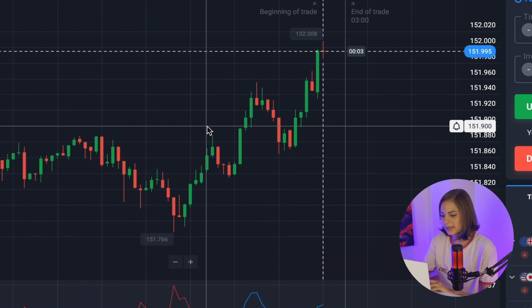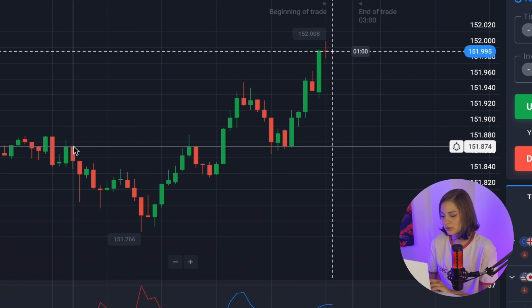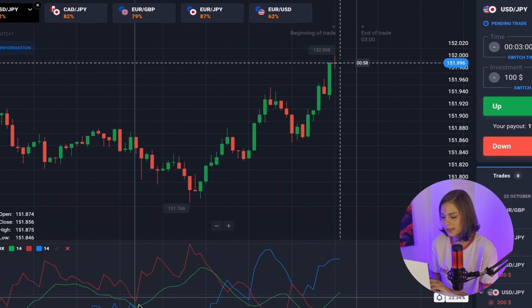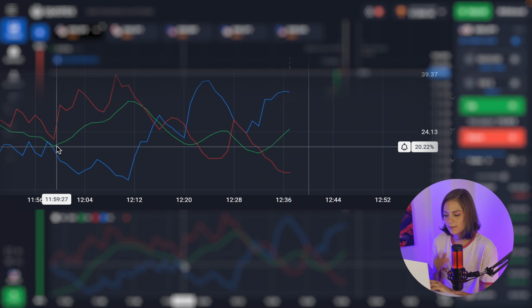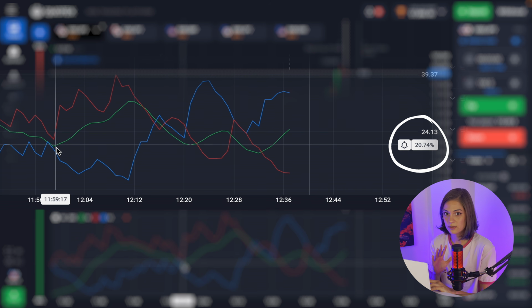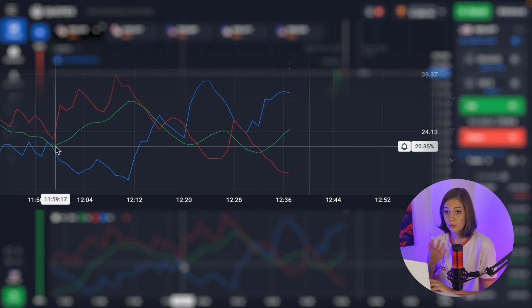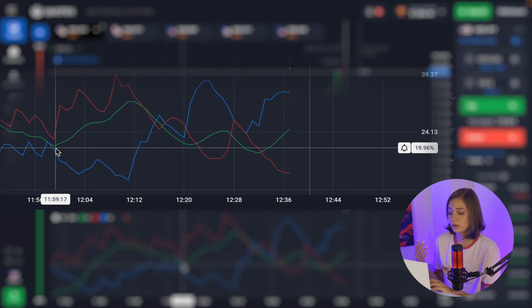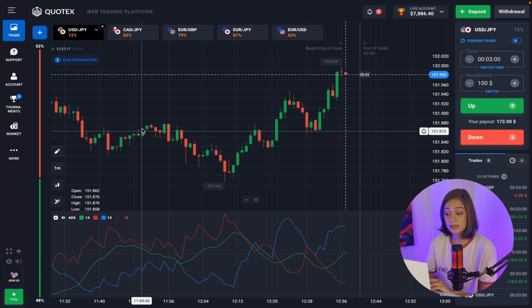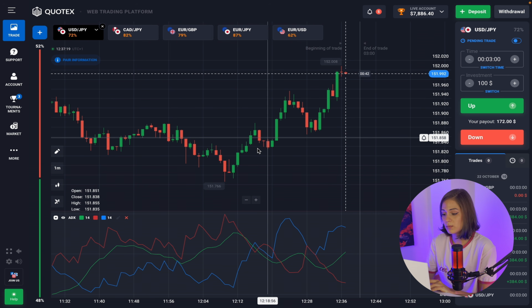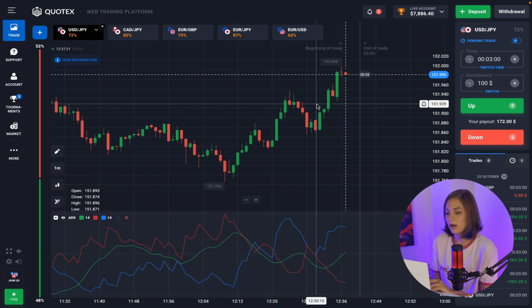Right here we can tell that a more powerful trend is being born, and if you put your cursor on the indicator, on the right you can see the percentages there. And the level here was around 20, and higher than 20, of course. So that means it's a quite powerful trend, and impulse movements are more obvious.